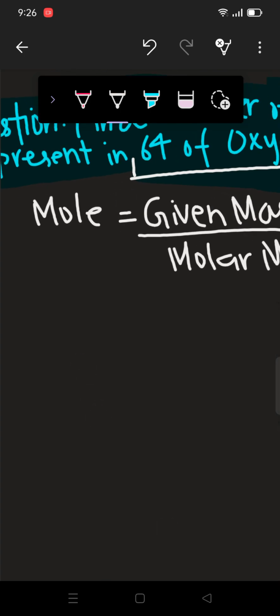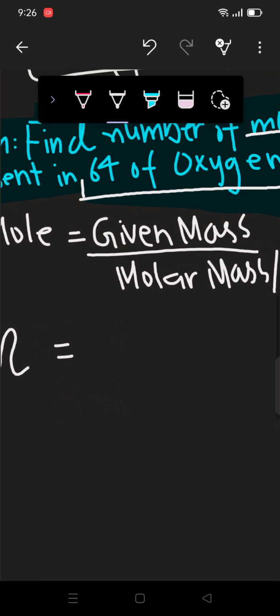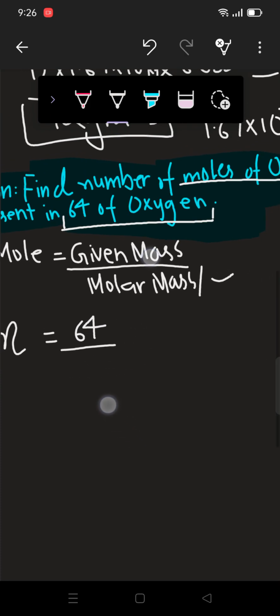So number of mole is denoted by n. This is the representation of mole, right? Given mass, that is 64, upon the molar mass of oxygen. What is the molar mass? We know that the mass of one atom of oxygen is 16 AMU, but I want the mass of 6.022 into 10 to the power 23 atoms of oxygen.